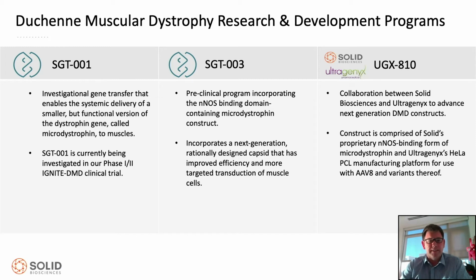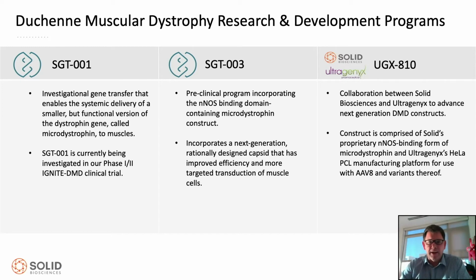So what we're hoping is that this will provide greater potency in delivery of our transgene. And finally, the partnership with Ultragenics is enabling the use of an AAV8 variant and a different manufacturing platform to help support getting the drug to as many patients as possible, as soon as possible.